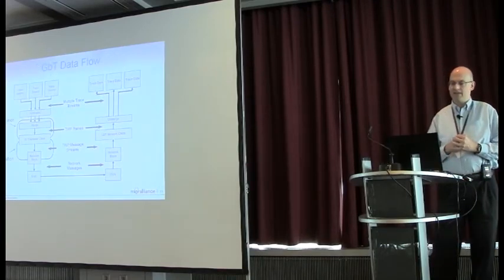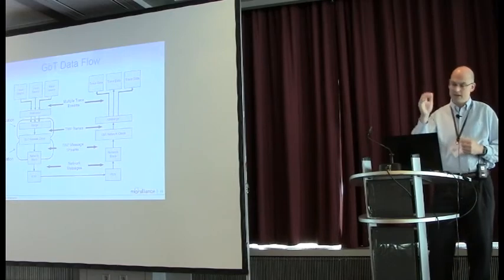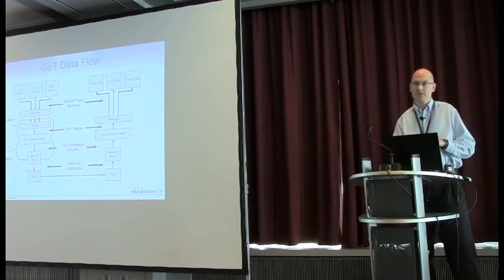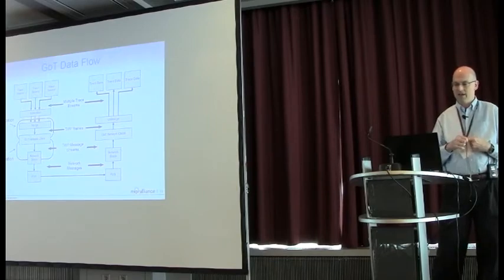So this is sort of the data flow and shows where the different pieces fit in. You have these multiple trace sources, and MIPI doesn't care what those trace sources are. We don't specify any particular functional trace protocol. I think that's also important.